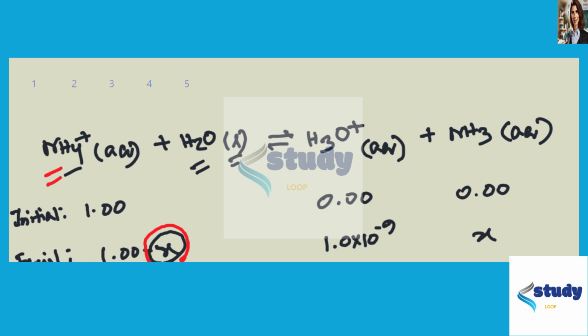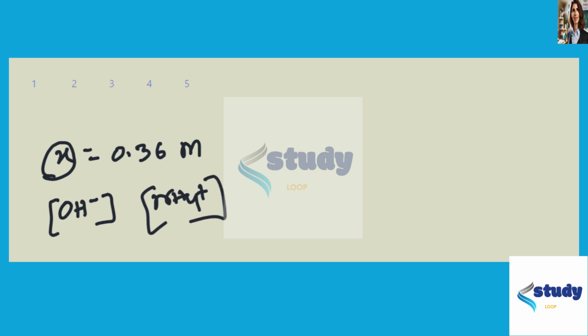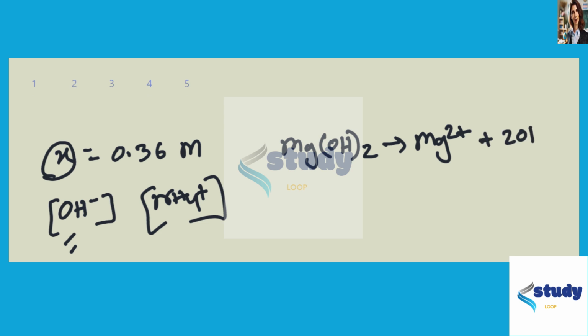And as you know, NH4+ will basically interact with the hydroxide ion. That means this x is also the hydroxide ion concentration that is reacting with the NH4+. And from this hydroxide ion concentration we can get the magnesium hydroxide concentration, since from one magnesium hydroxide we will have Mg2+ plus 2 OH-.